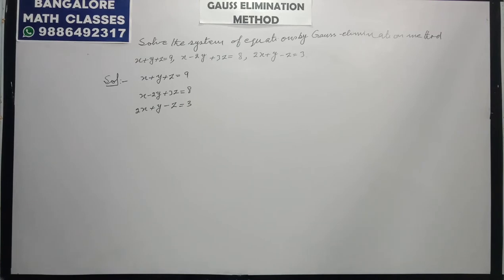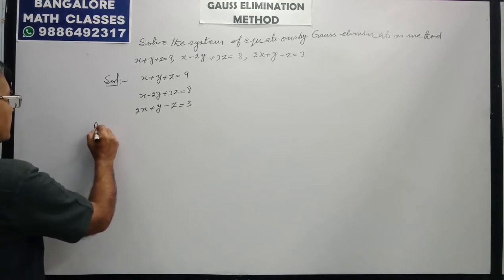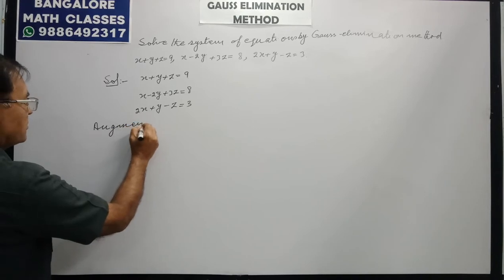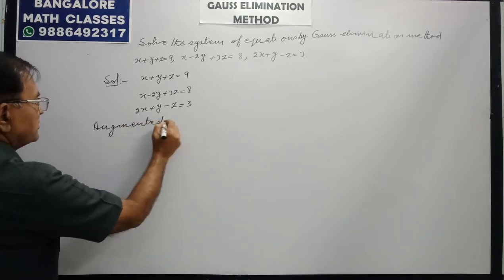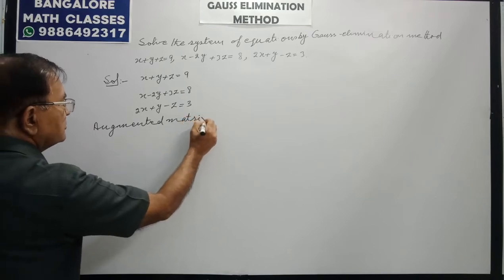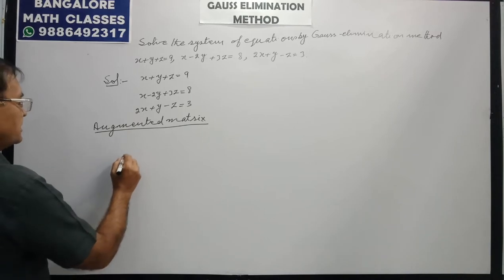So this is the system given. Write it as an augmented matrix, or you can say extended matrix.